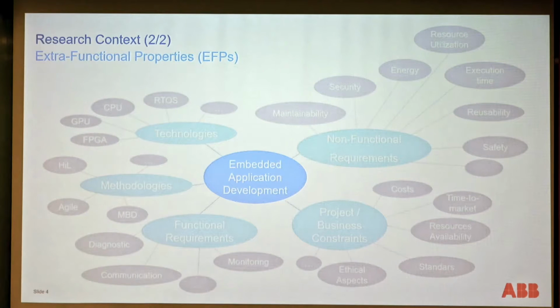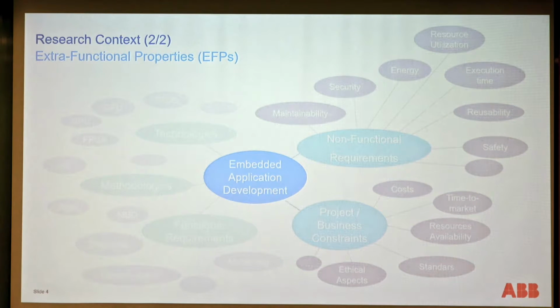For the purpose of our research, we are interested in the non-functional requirements and the project business constraints. Many of these aspects can be defined through so-called extra-functional properties, which are properties describing the quality characteristics of a system or a component.